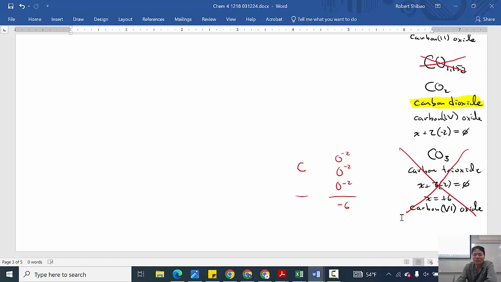Now the carbon is plus X. And so plus X plus a minus 6 has to add up to 0 because carbon trioxide is neutral. And therefore X is plus 6. So we could call it carbon 6 oxide.